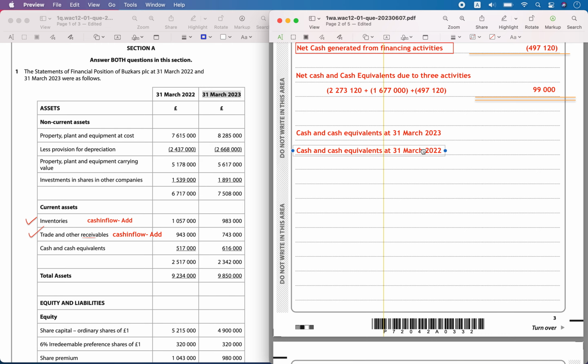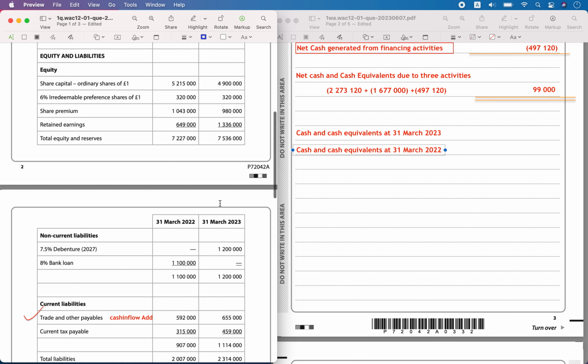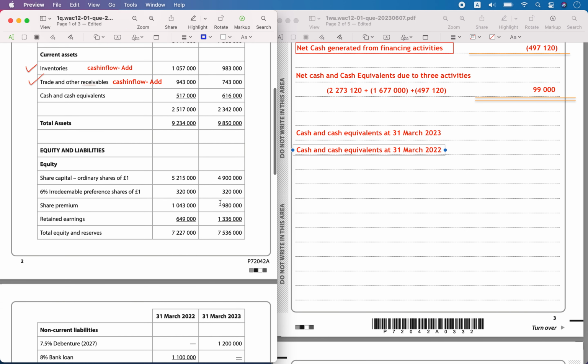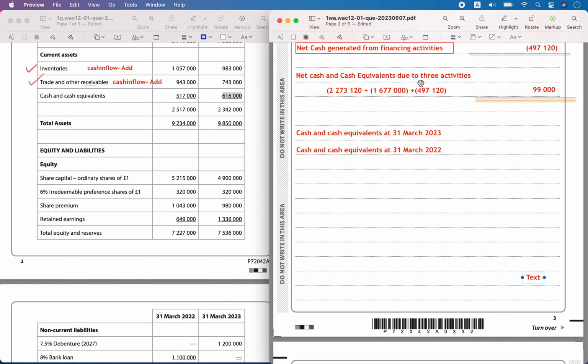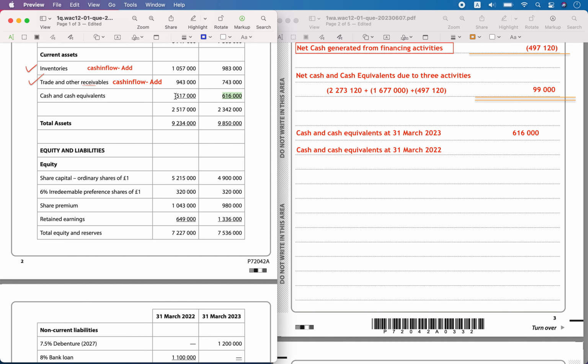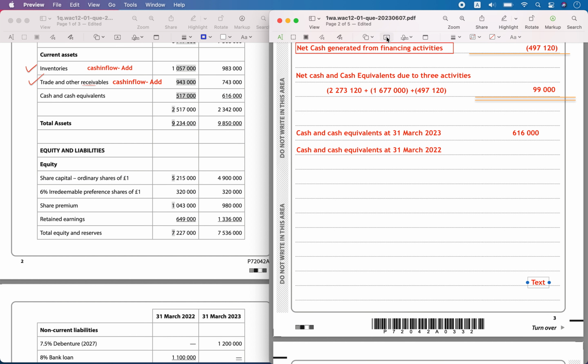The ending balance was 616,000 and the beginning balance was 517,000, so I'll subtract 517,000.